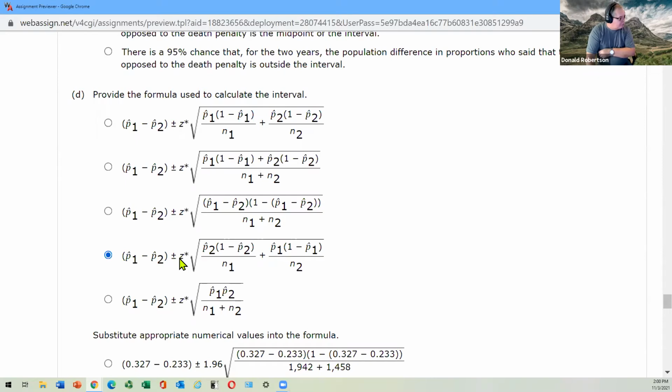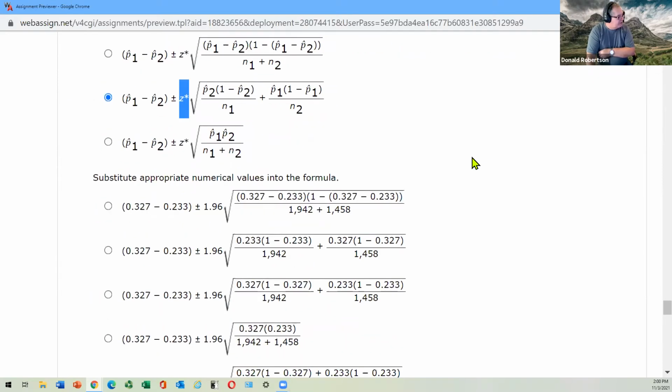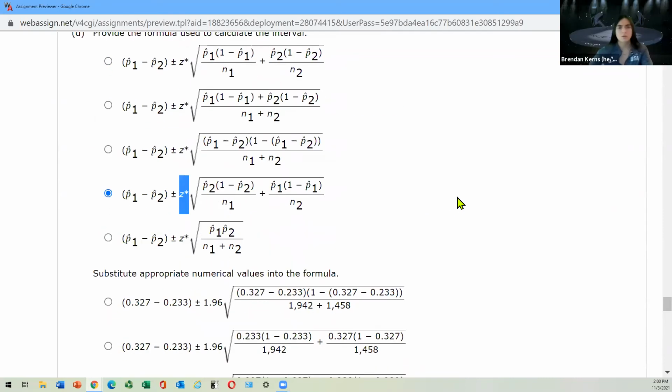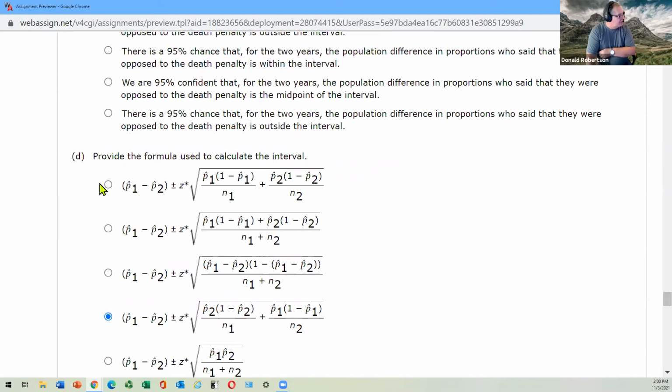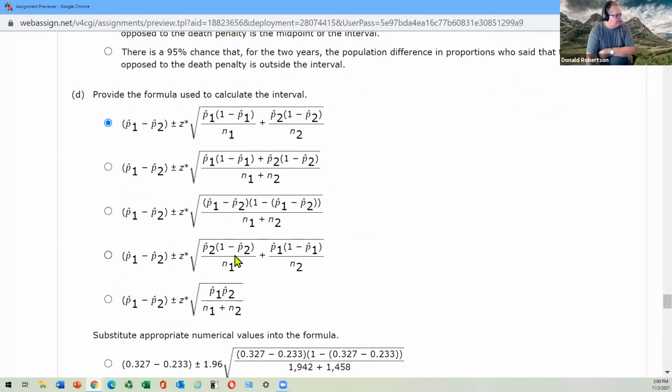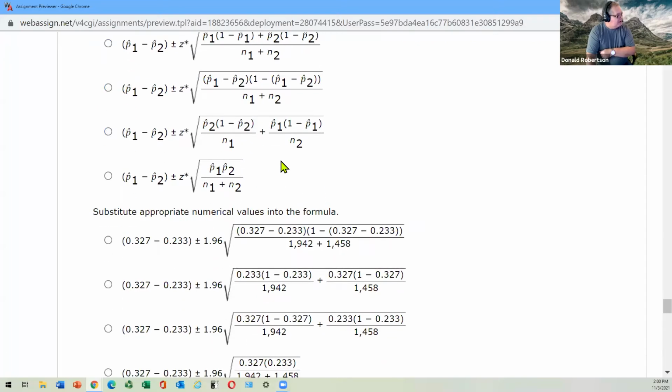In our case, wouldn't we be using 2 here and then the other stuff? Wait a minute, is that right? I think the top one there is right. P2 and 1. Yeah, I misread it. Thank you. Okay. Yeah, because it's 1 first and 2 second. It's a mixture. That's a monster formula. Now, this one here has all the numbers in it.